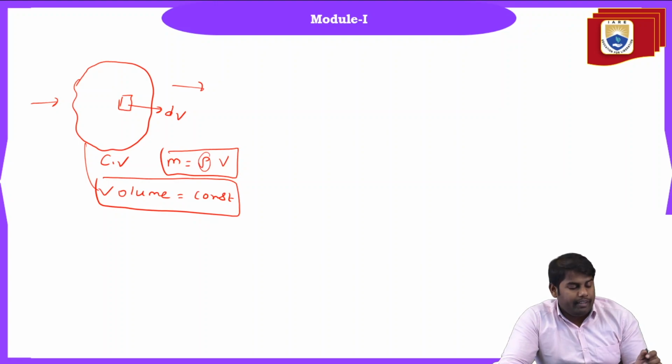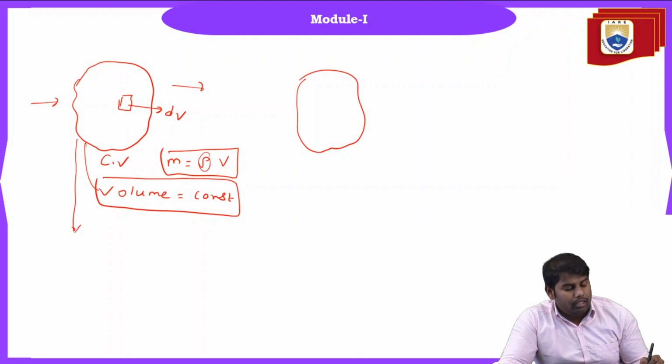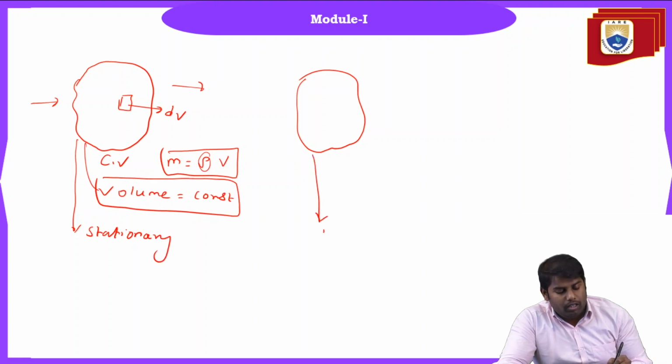Now the same control volume, this one is stationary, and this is called a moving control volume.